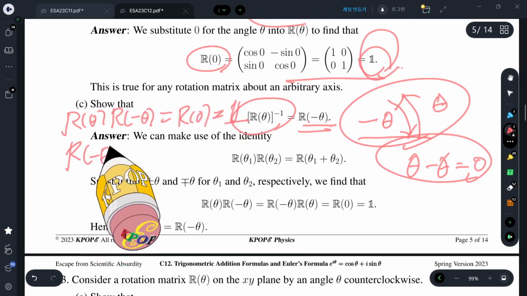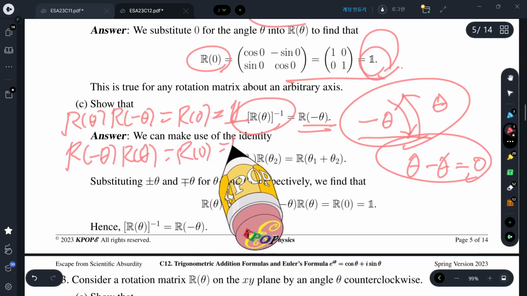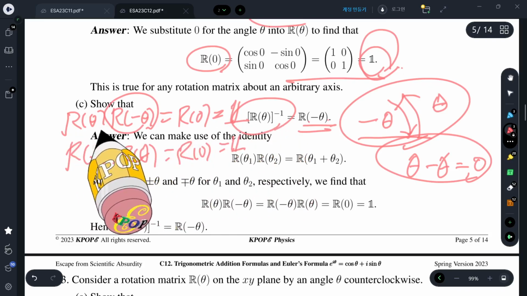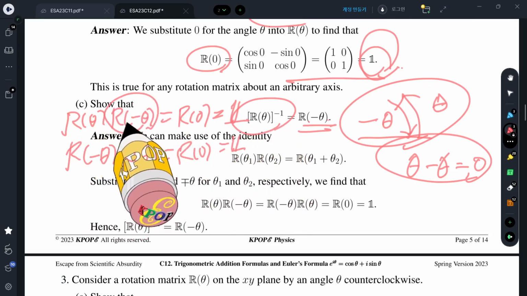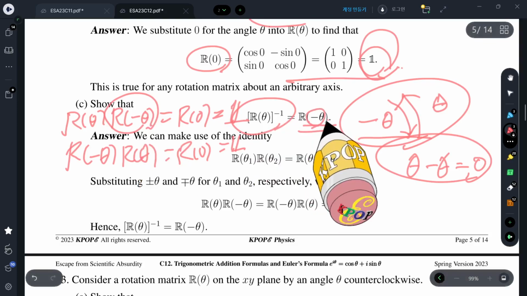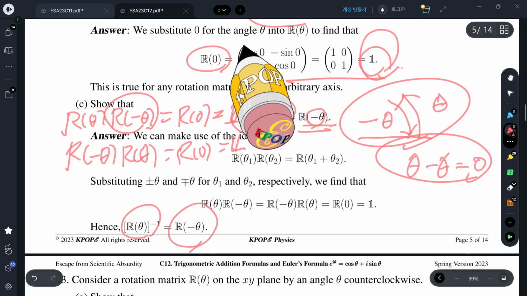R minus theta multiplied by R theta is R0, that is the identity matrix. Therefore, the inverse transformation, the inverse rotation, is nothing but the replacement of angle theta by minus theta. Okay, so the inverse is R minus theta. Trivial.